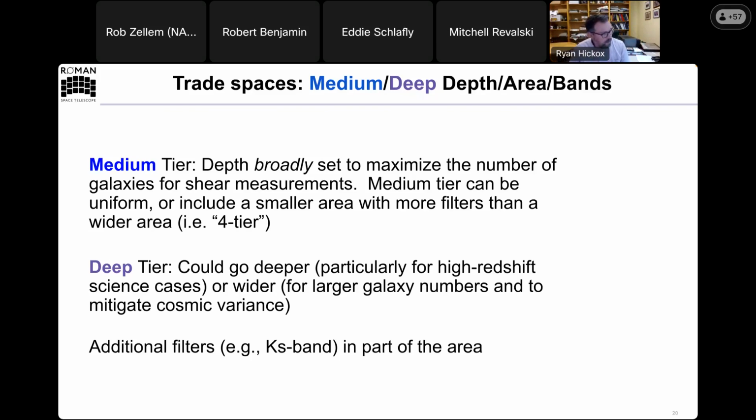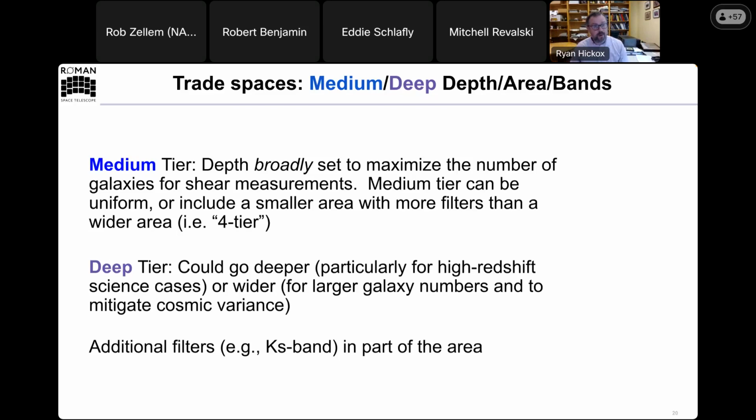And then one other consideration that came up a lot, and was recommended in a lot of the white papers, is exactly what filters we use and whether we add some additional filters. In particular, the K filter, the longest wavelength filter, is something that a lot of white papers advocated for, because of all the great things you can do with long wavelength observations, for example, in accurately measuring stellar masses of galaxies, being less affected by dust reddening, et cetera.